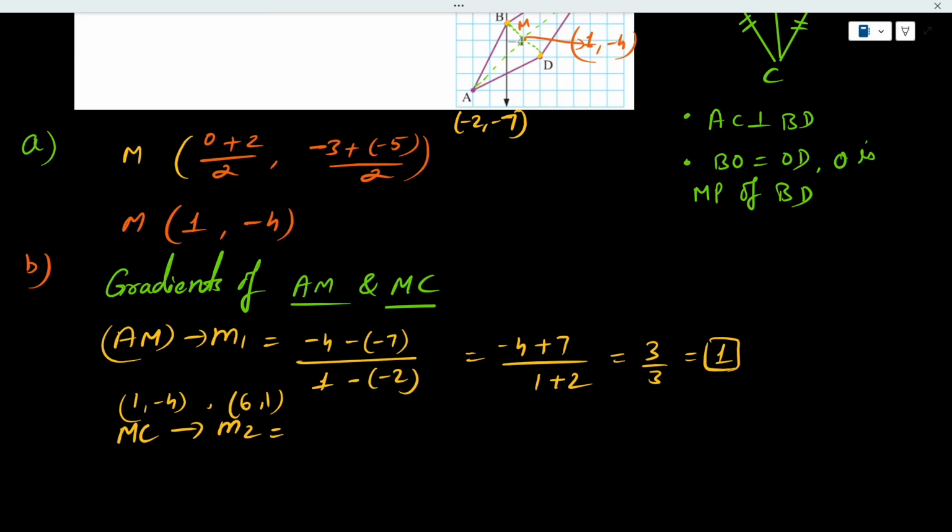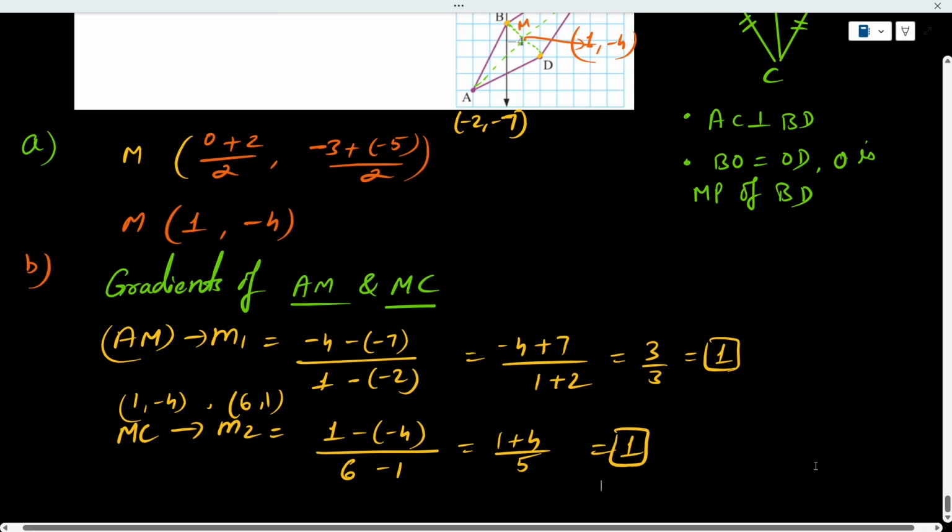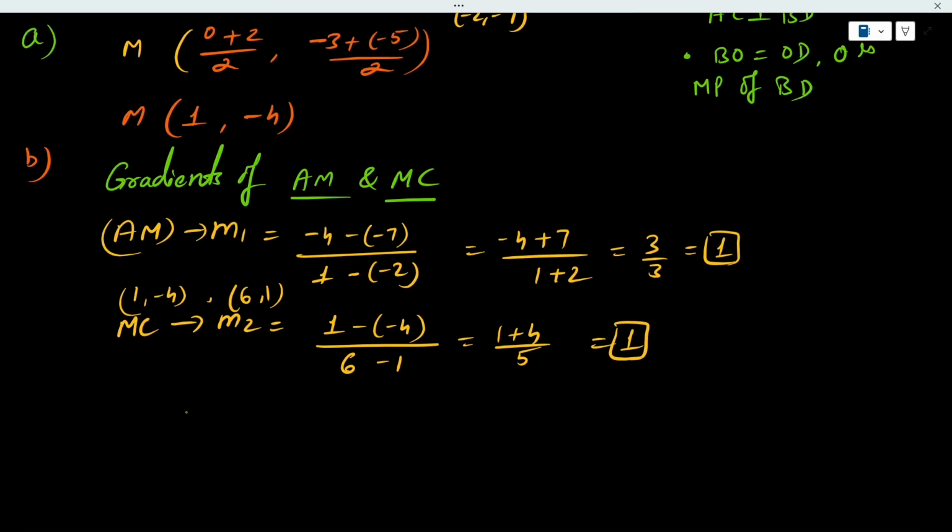So again, y2 minus y1 will be 1 minus (-4), by 6 minus 1, which is 1 plus 4 by 5, that is also 1. So you can see that m1 is equal to m2. Both the gradients are equal, since the gradients of AM and MC, m1 equals m2 equals 1.